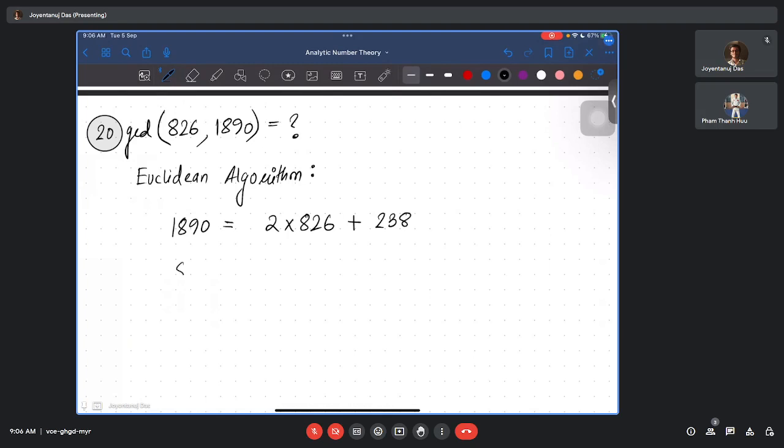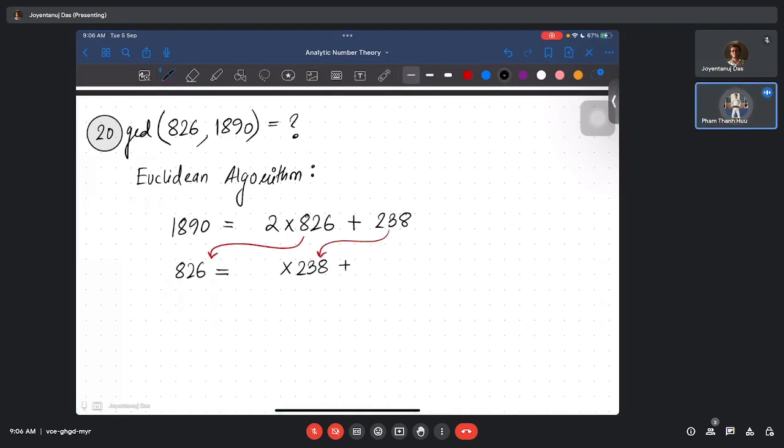So the next step is that we have to divide 826 by 238, right? How many times does 238 go?